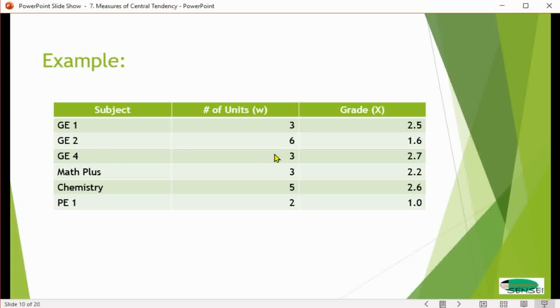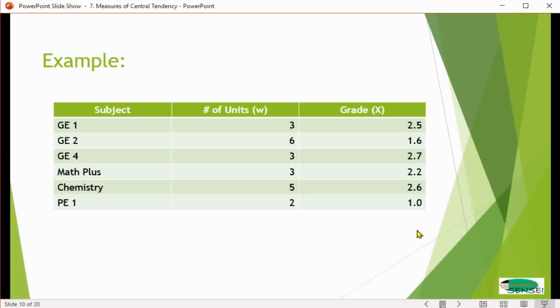So notice GE2 here is 6 units, meaning it's very heavy. It will affect most the final average. If you're aiming to have a higher average, then you should do well in GE2 because it is 6 units, followed by chemistry that is 5 units, and the rest is 3 units, and we also have 2. And this is our grade.